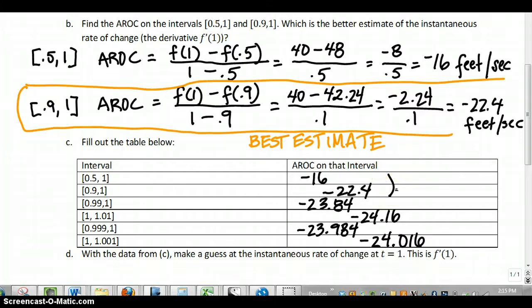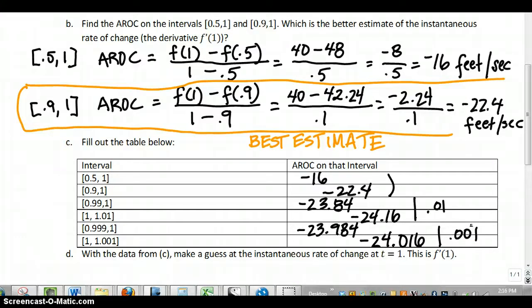So you can see, roughly speaking, the first two are relatively large intervals compared to the second two, which are all intervals of length 0.01. And then the last two both have length 0.001, and we can see a general trend here. The intervals that go from the time before 1 all the way up to 1 are a little bit under 24.